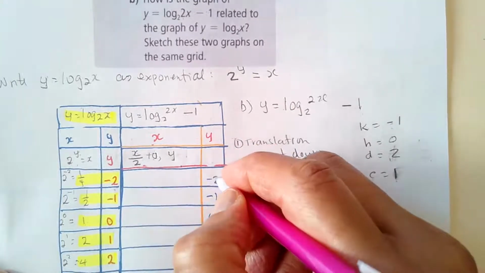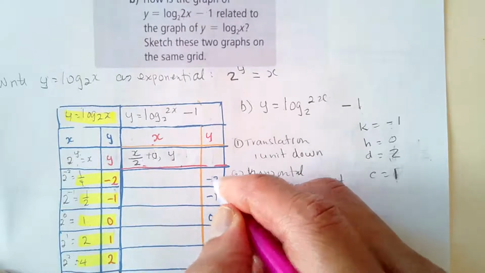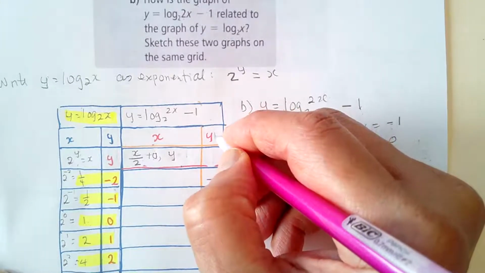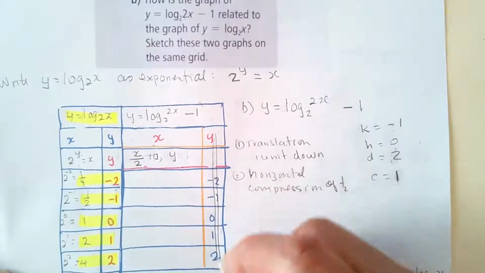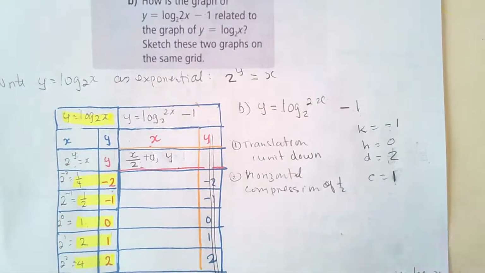So no, we don't need this because we need to find our x and y. So this will be eliminated. So we don't need this column here, because we'll find a new set of x and y values.